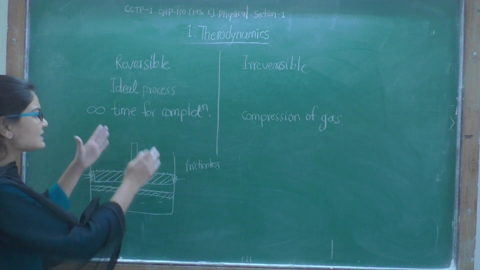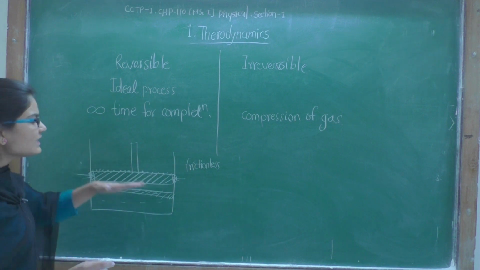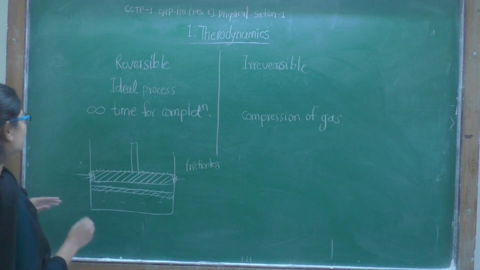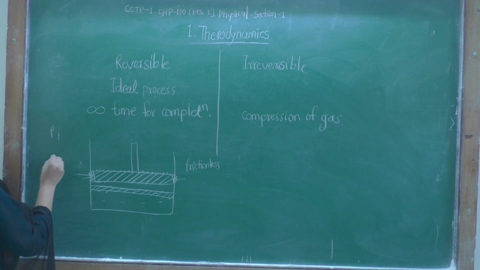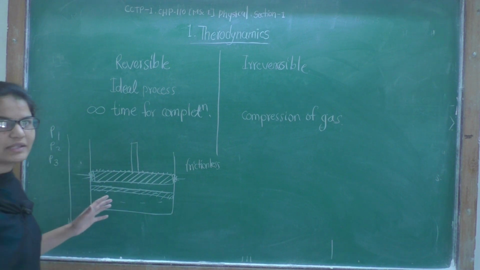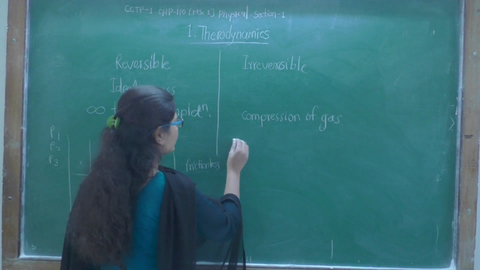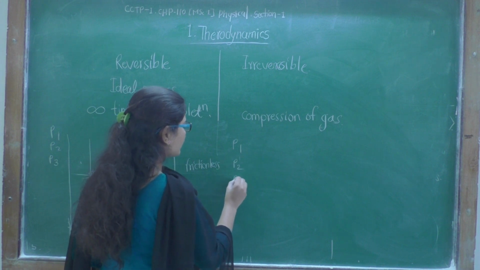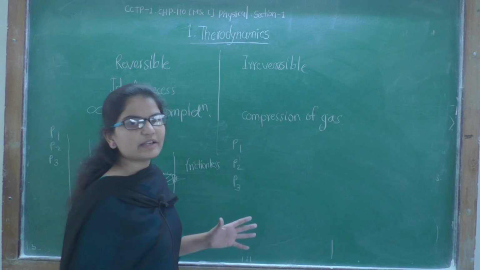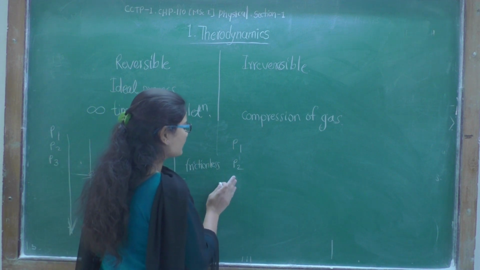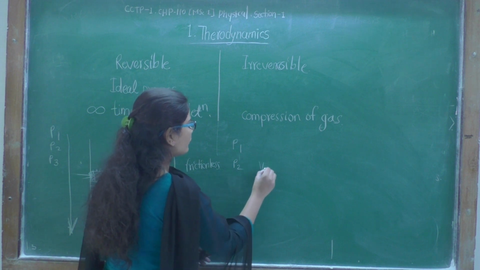In such a process, at any step we can reverse the process. If we have pressures P1, P2, P3, this series of steps where we are applying the pressure, first is P1, second is P2, third particle will apply P3, and if we want to reverse the process, we will just remove this P3 and we will get volume V2.